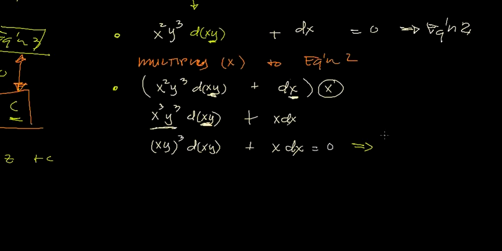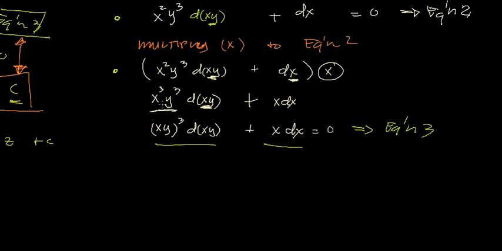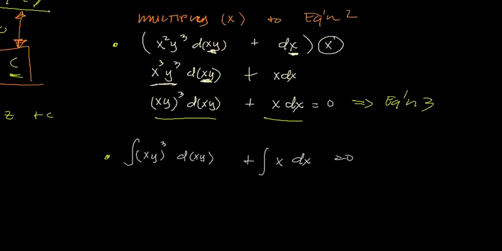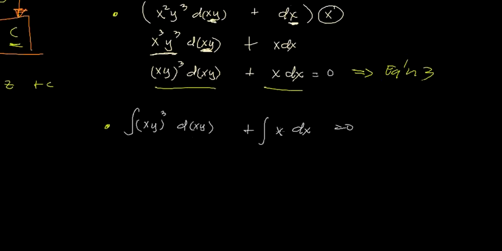This is equation 3 now, and we can integrate both terms from this equation 3. So we have the integral of (xy) cubed d(xy) plus the integral of x dx. Let me start on this part so we are more familiar.